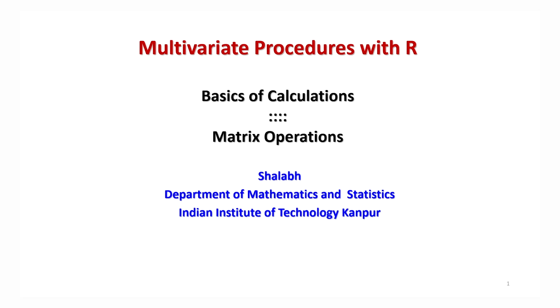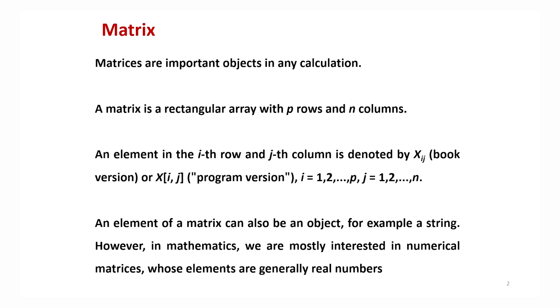Let us have some glimpse of the matrix operations in R software. In this lecture, first we try to define what matrices are, and as I said, matrices are important objects in any calculation, and particularly when you are trying to do multivariate analysis, then this matrix theory becomes an inseparable part of the whole analysis. What is a matrix?